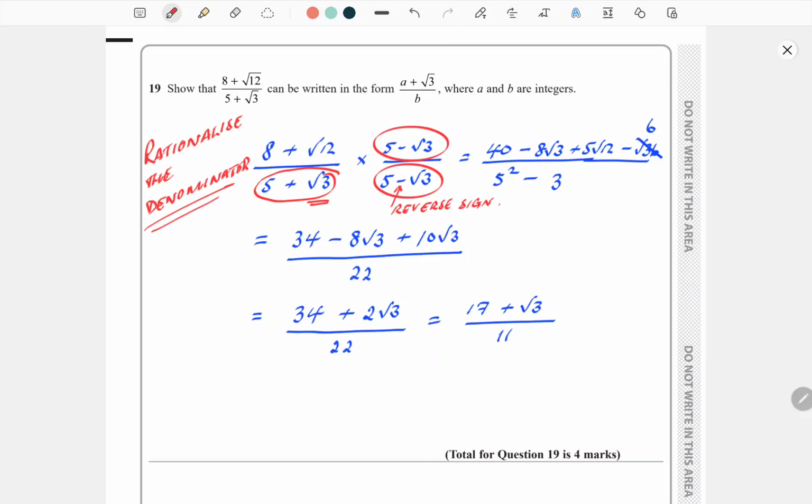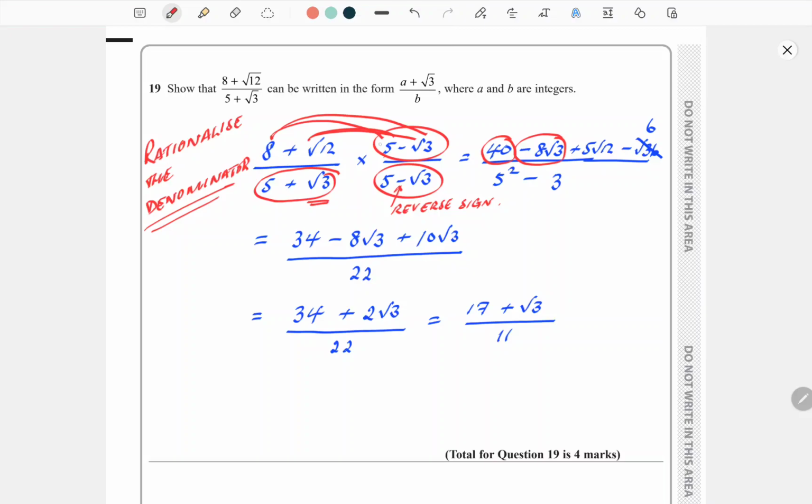Now, when we're multiplying top and bottom with the same thing, again, it's like I said a little while earlier in a quadratic. Make sure you're multiplying all the bits. Don't miss something out. So 8 times 5, 40. And then 8 times minus root 3, minus 8 root 3.